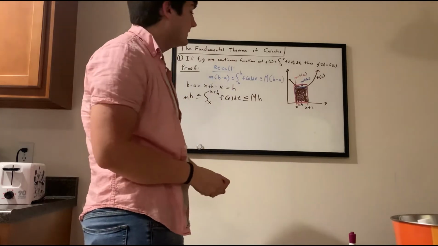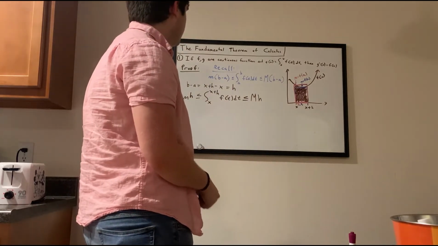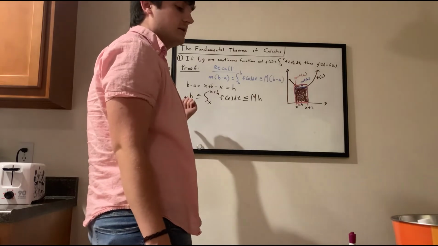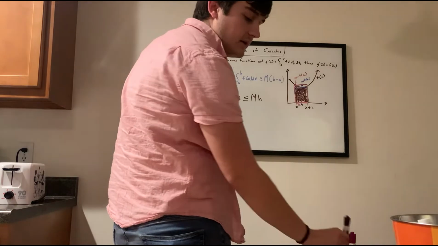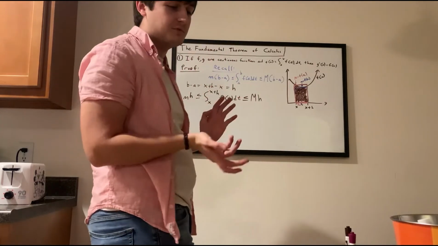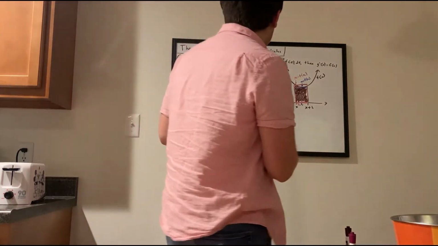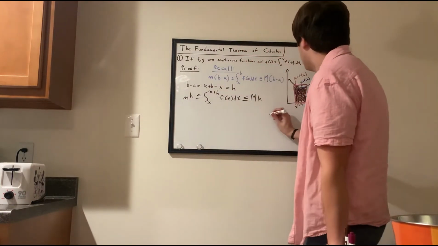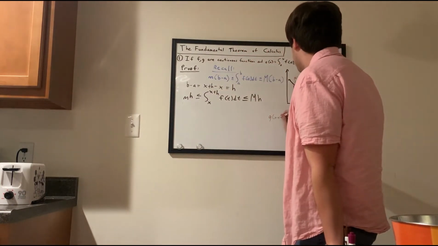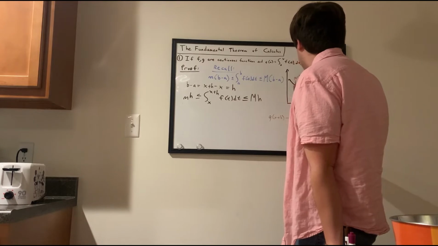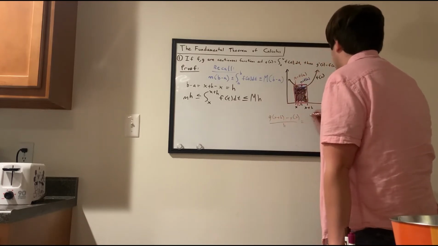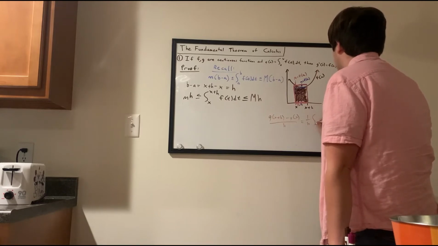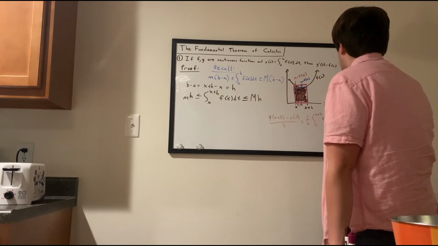Now, this looks very close to what we just had. I'm going to write down what we had on the last page: g of x plus h minus g of x over h is equal to 1 over h times the integral from x to x plus h of f of t dt.